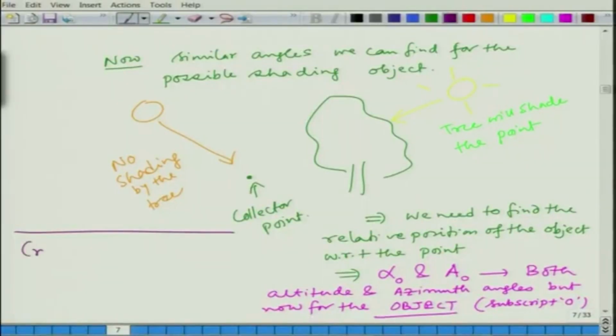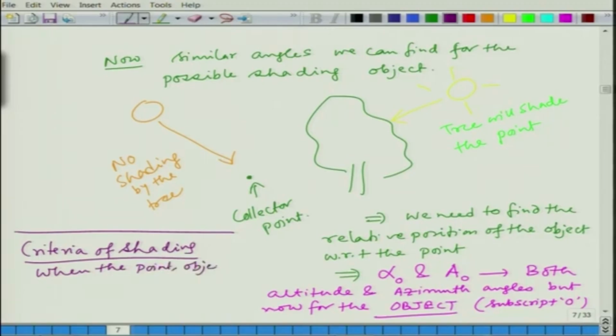So, we can write the criteria of shading when the object comes in between the sun and the point, right, just like the eclipse.